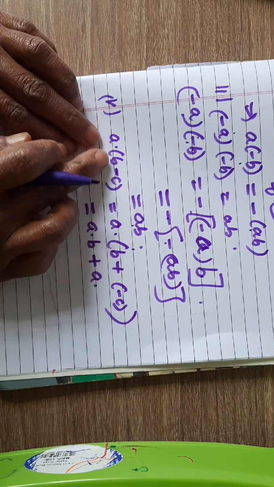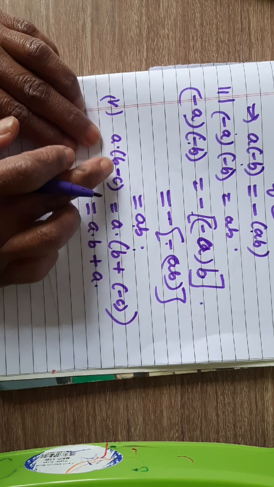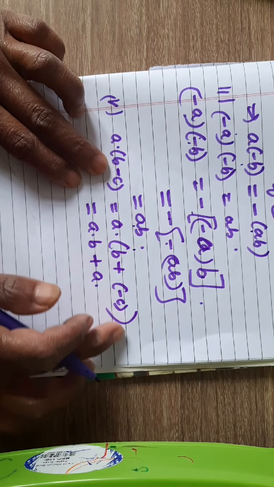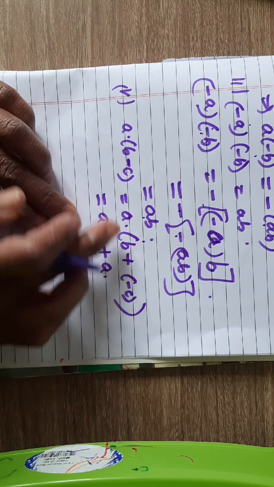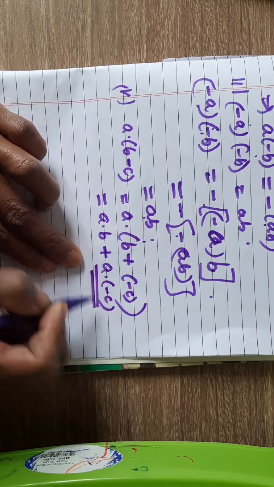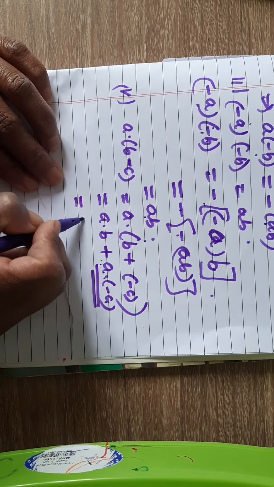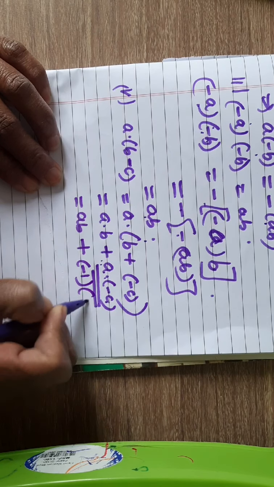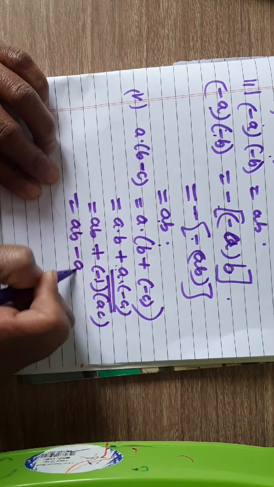We cannot apply the left distributive law directly because we have the operations only for plus and dot, so express it as b plus of −c. Then only you can apply the left distributive law, as (R, +, ·) is a ring. So it will be ab + a · (−c). But by the second property, what is a · (−c)? It will be −(ac). So it is ab + (−(ac)), which is ab − ac.